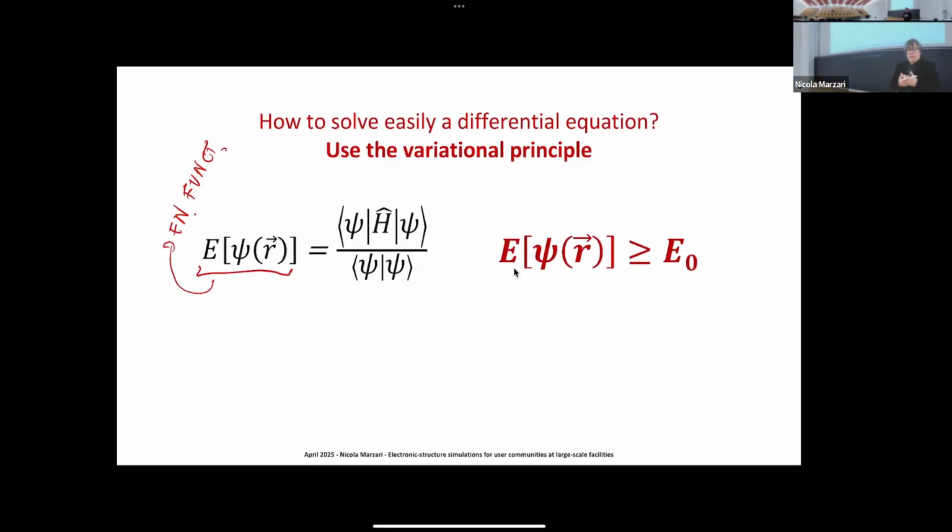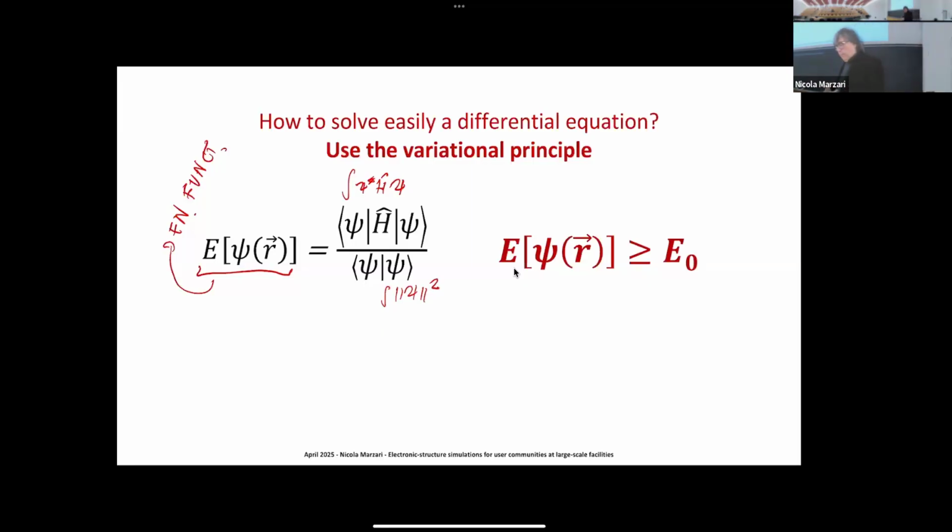Here instead we have something that takes a function as input and gives you a number. And so if I feed to this functional a certain psi, what the functional is going to calculate is the expectation value of psi H psi. So it's going to calculate the integral of psi star times the action of H on psi, divide it by the integral of psi squared, and the result is just a number.